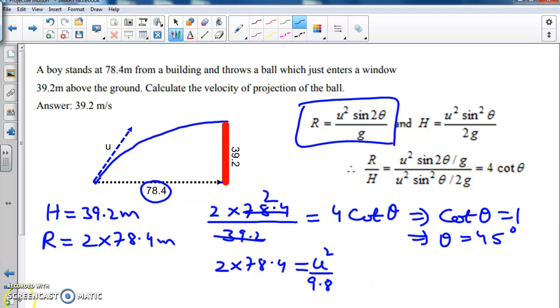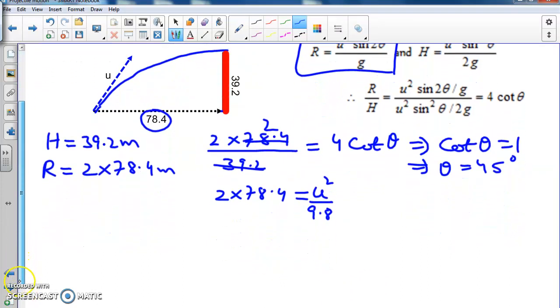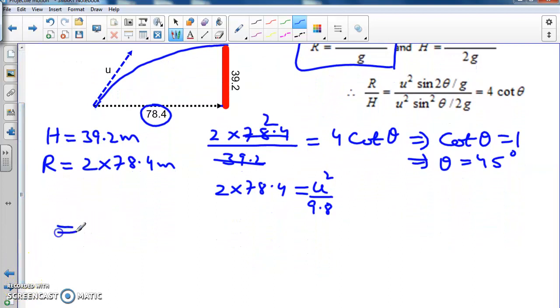So solving, we get u square is equal to 2 into 78.4. We can write it as 19.6 into 4 into 9.8.